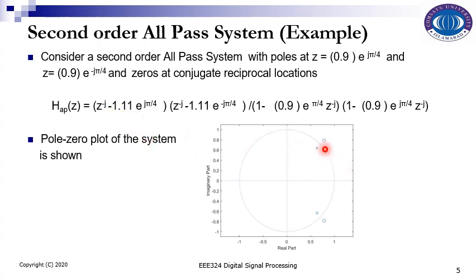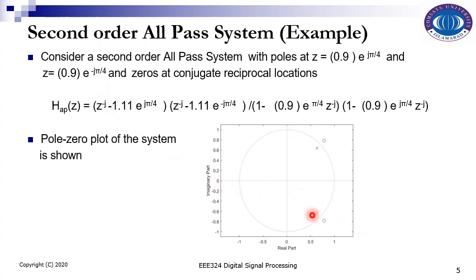It is at 1.11 e^(j pi/4), and that is at an angle pi/4. So this is the first pair of the pole and its associated zero at the conjugate reciprocal position, and the second zero, the one at minus pi/4 angle.